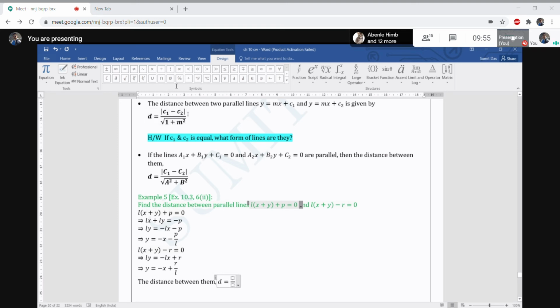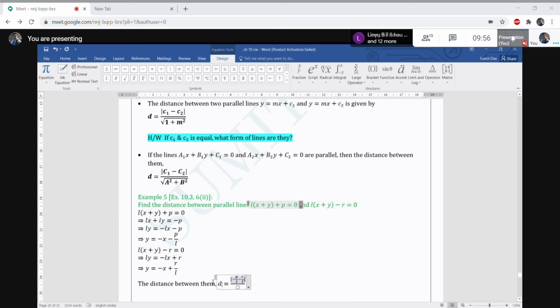Modulus of c1 minus c2 divided by square root of 1 plus m square. Look here, the slope is the same, right? What is the slope here? Minus 1, and here also minus 1. So we have to compare their c part. So it will be minus p by l, minus r by l.